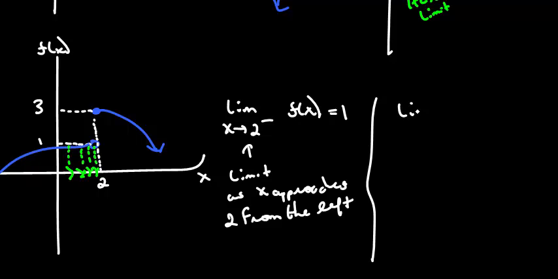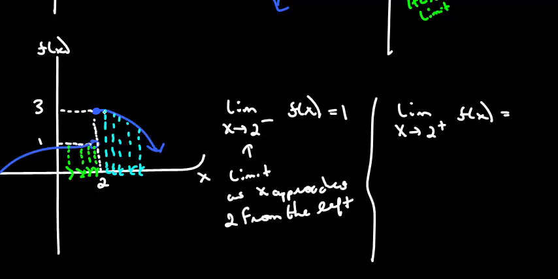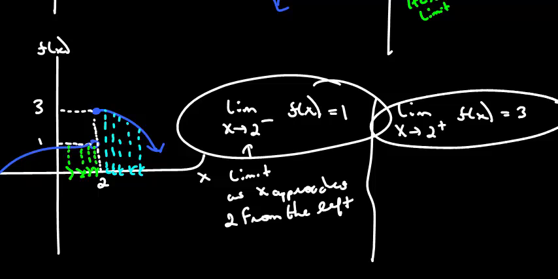We might ask, what is the limit as x approaches 2 from the right side of the function f of x? Well, as we come into 2 from the right, our height values are getting closer and closer to 3. So this is a one-sided limit, and this is a one-sided limit.